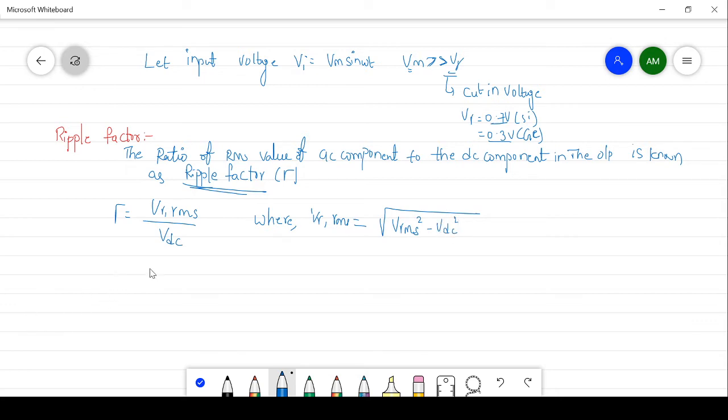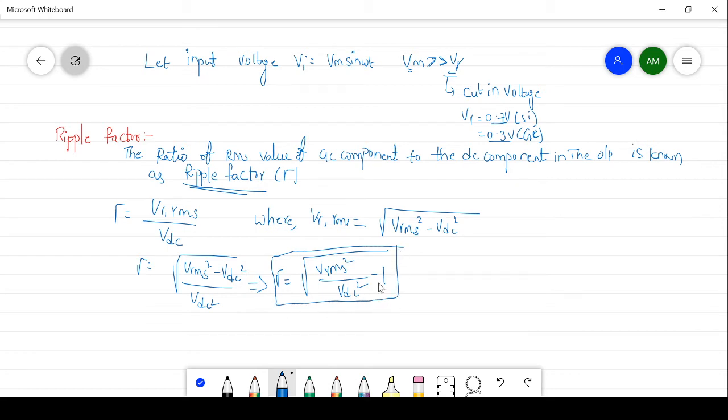Then the ripple factor is square root of Vrms square minus Vdc square by Vdc square. When we simplify this equation, we get the ripple factor equal to square root of Vrms square by Vdc square minus 1. This is the definition equation of ripple factor, equation 1.